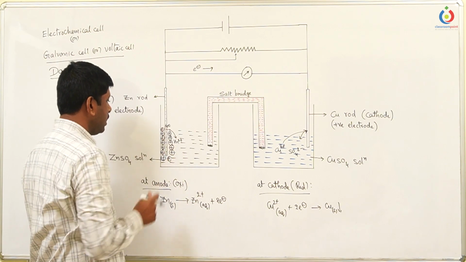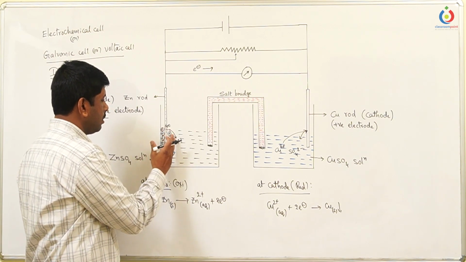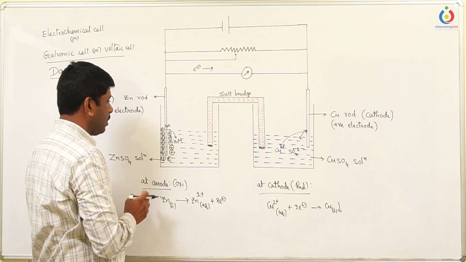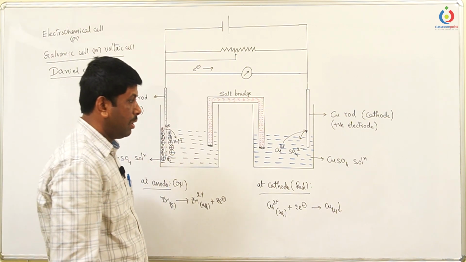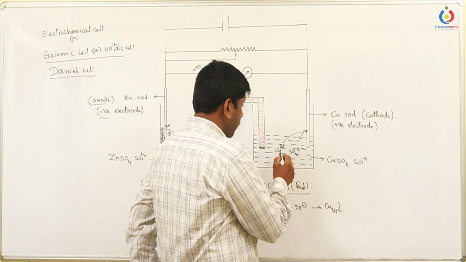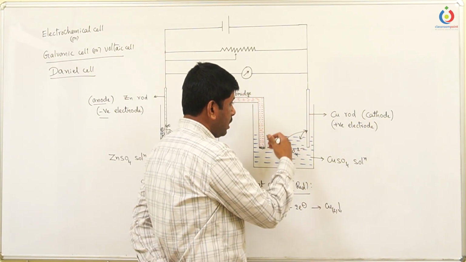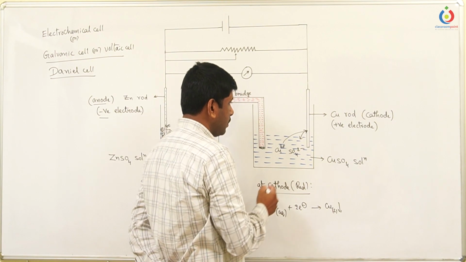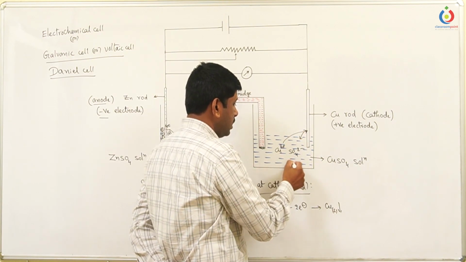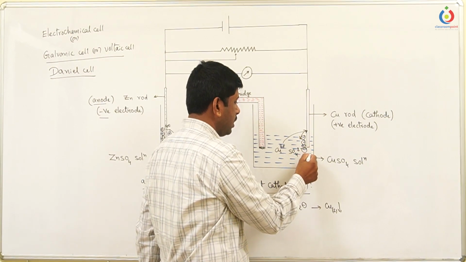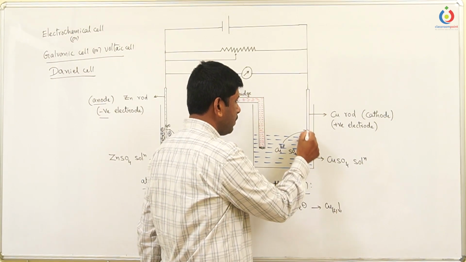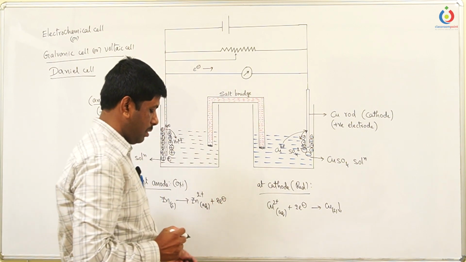Because the electrode is carrying the negative charge, so these positive ions get attracted to the negative electrode and deposit on the surface of the anode. And at the copper rod, after Cu2+ ions deposit on the copper electrode, the solution is left with sulfate ions. Sulfate ions carry the negative charge, so negative charge starts accumulating over the surface of the copper rod.